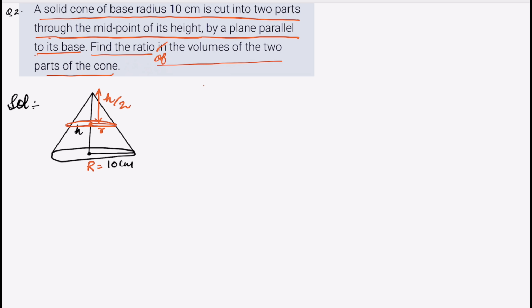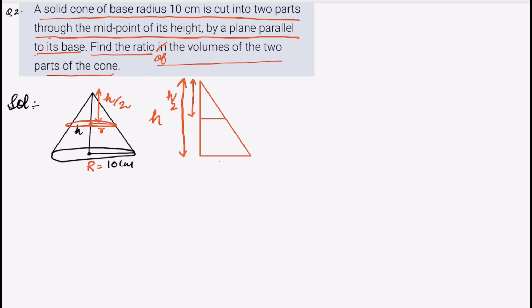To find small r, we can use BPT, the basic proportionality theorem. We know that this cone has been cut parallel to the base. So if this is h and this is h by 2, we can use BPT.